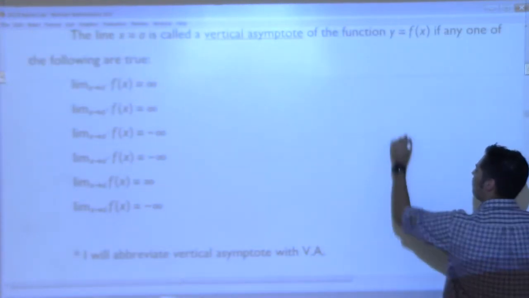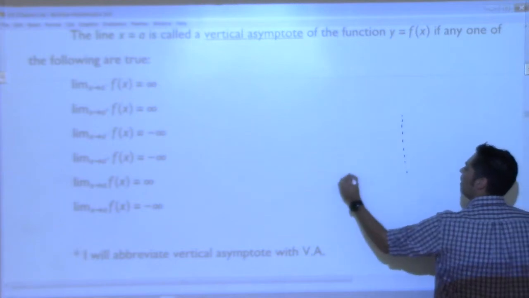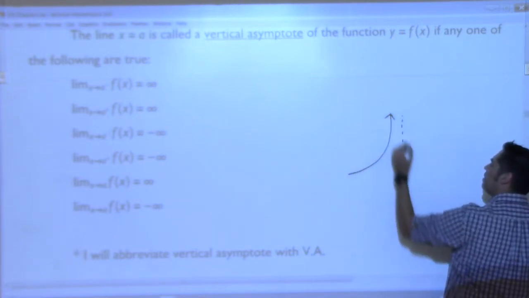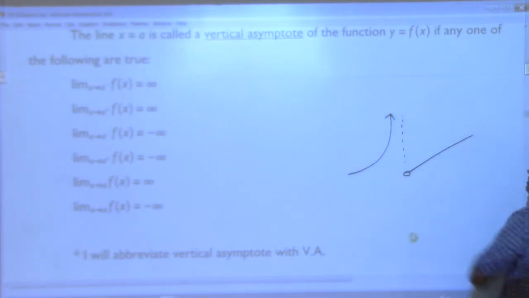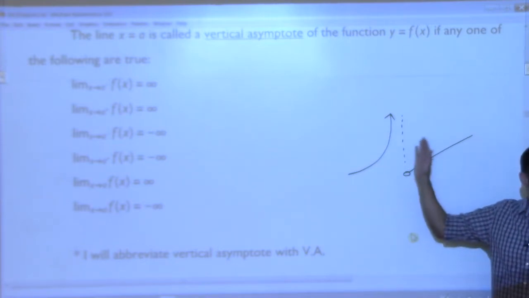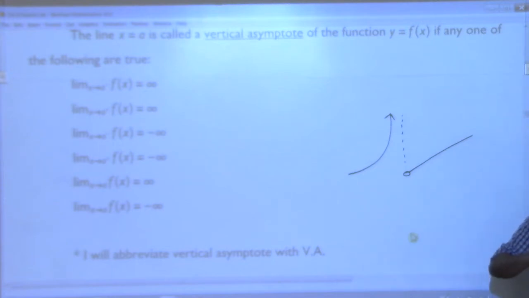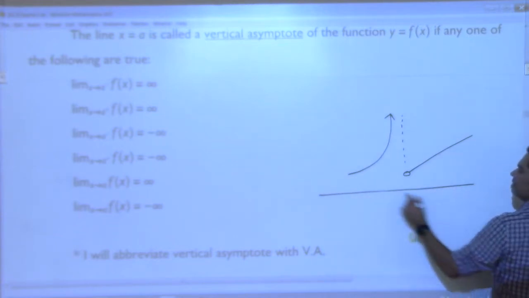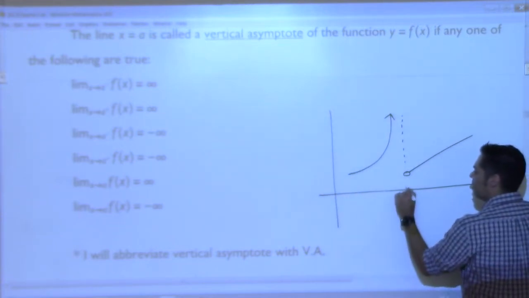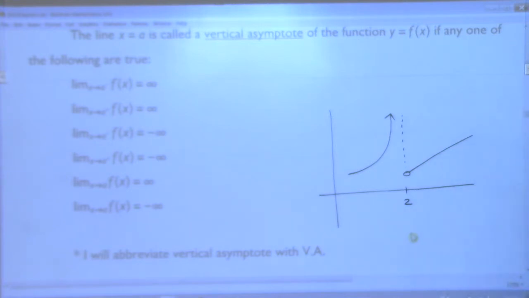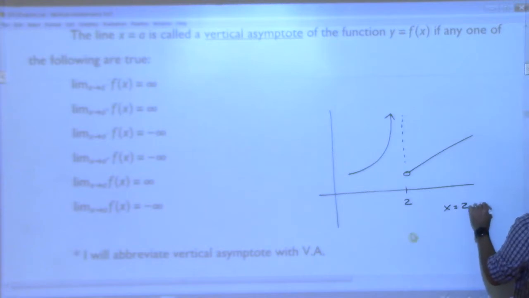So I think I did a graph a while back in class, and it went like this, and then on this side I think it went like that. And someone asked me whether or not this would still be a vertical asymptote. Was that you? Yeah. And I think I said yes. I hope I did say yes. Let's say this was our x-axis, this was our y-axis, and let's say this was 2. Then we would say from this picture that x equals 2 is a vertical asymptote.